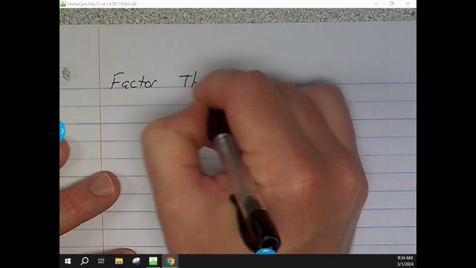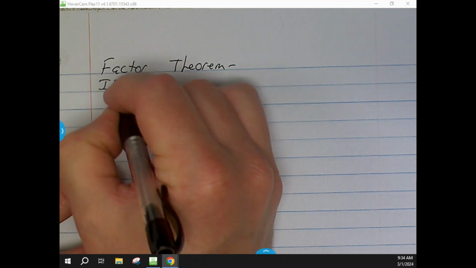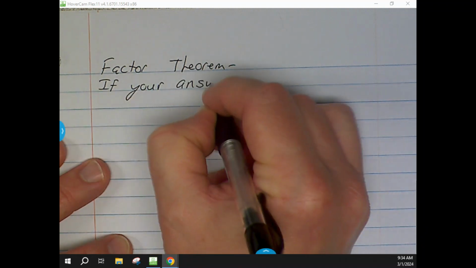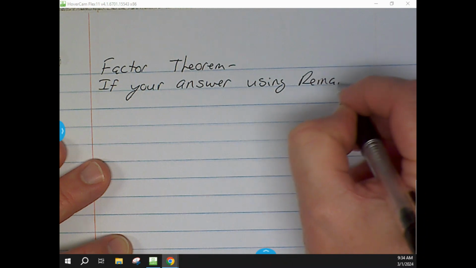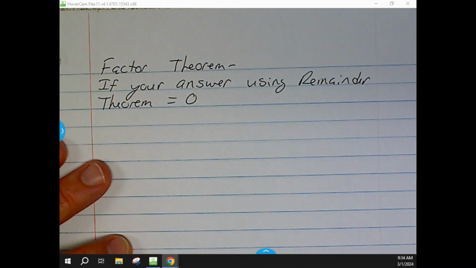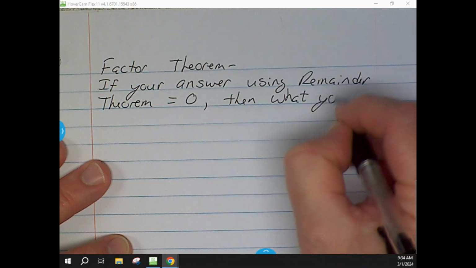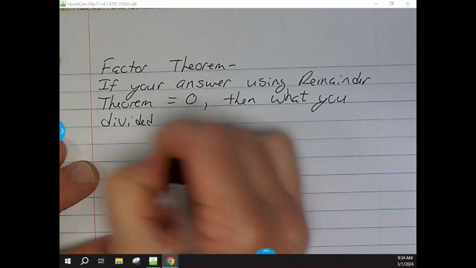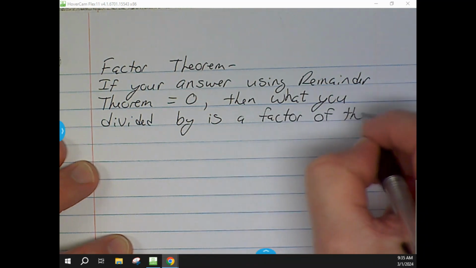Okay, so one last thing we're going to mention here, and this will be it for the day, is what they call the factor theorem. And all it says is this: if your answer using the remainder theorem equals 0, then what you divided by is a factor of the dividend.